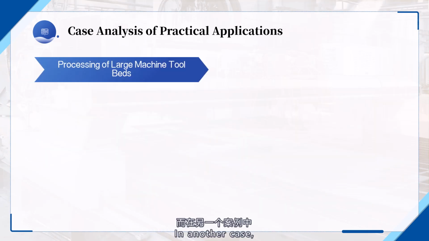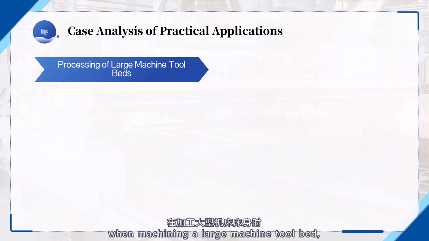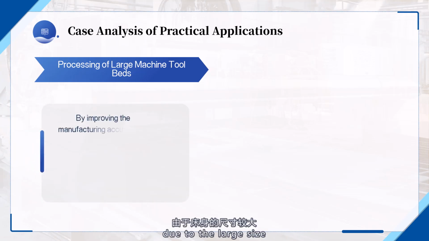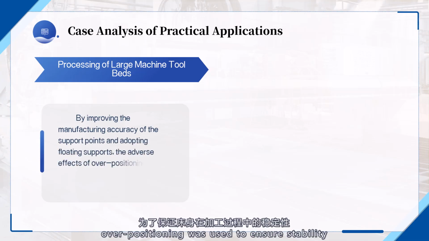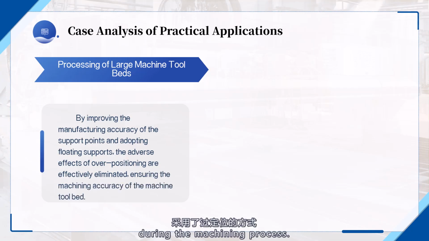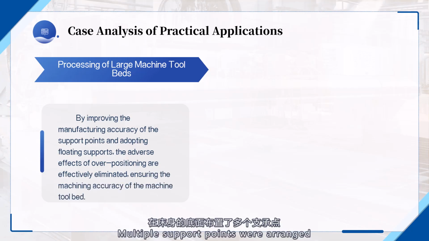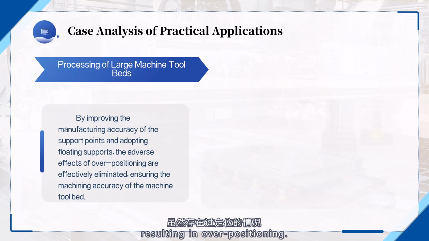In another case, at a machine tool factory, when machining a large machine tool bed, due to the large size and heavy weight of the bed, over-positioning was used to ensure stability during the machining process. Multiple support points were arranged on the bottom surface of the bed, resulting in over-positioning.